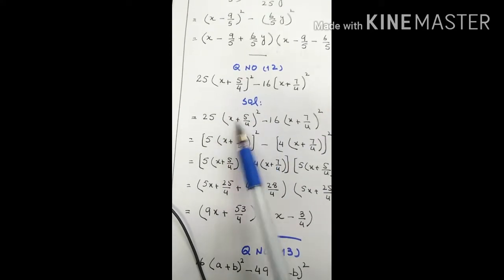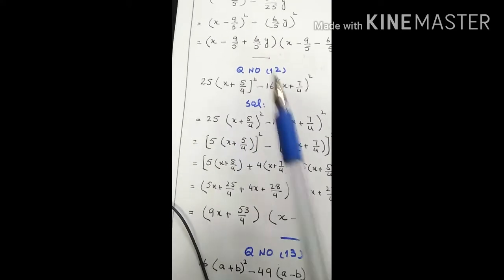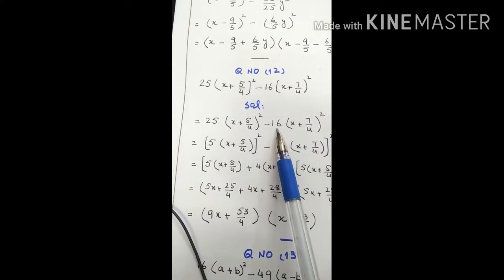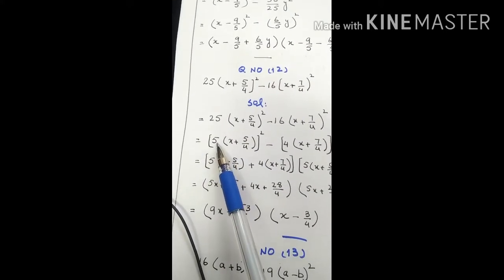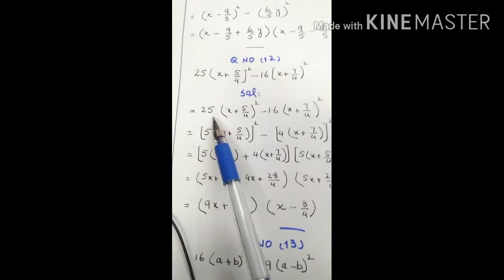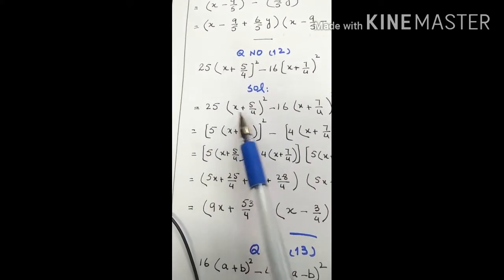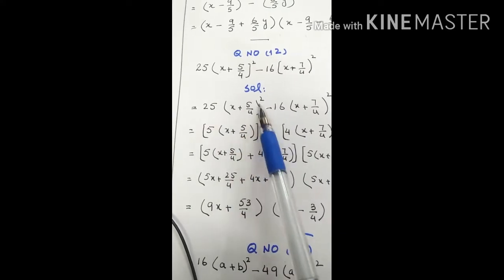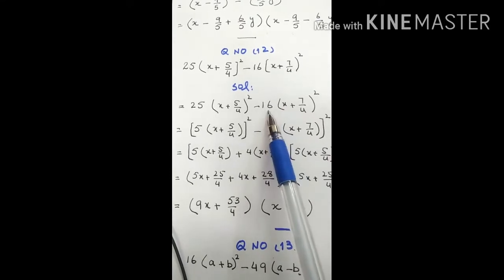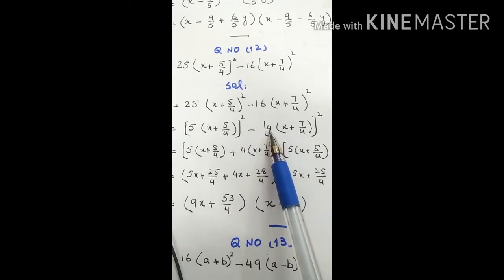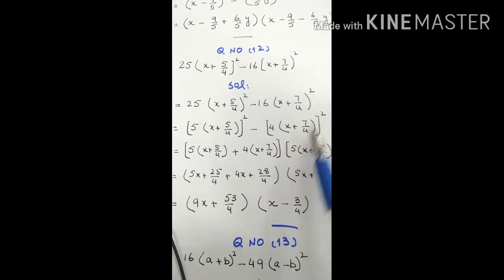Now if we cannot take anything common, but we can take the square of this 25 and the square of this 16. This 25 is the square of 5. So this whole value is (5x + 5/4) whole square minus, converting it also into squared form, 16 is the square of 4, (4x + 7/4) whole square.